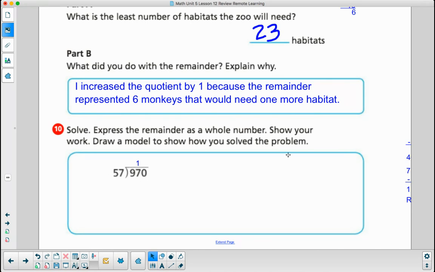One group of 57 is 57. And I need to subtract that. 97 subtract 57 is 40. Bring down my 0.